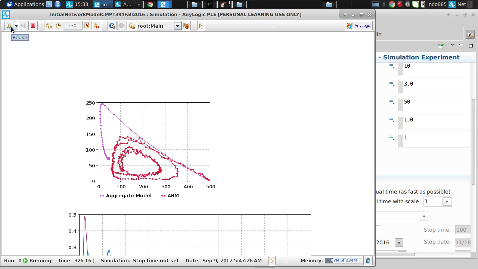Anyone? What similarity do they have and what difference? They initially follow the same path. Initially, they follow a pretty similar path.